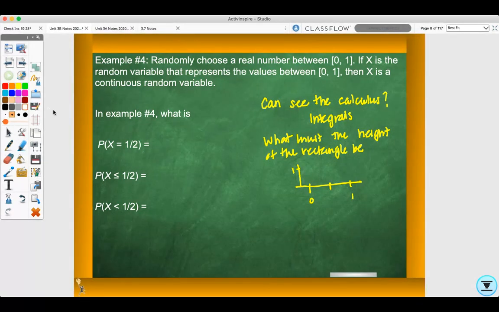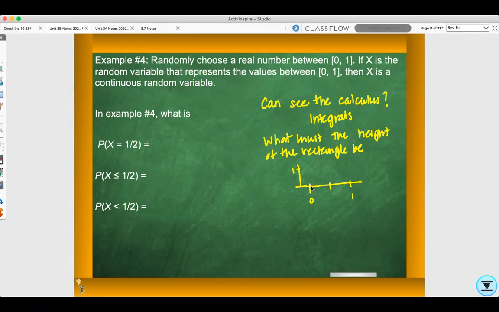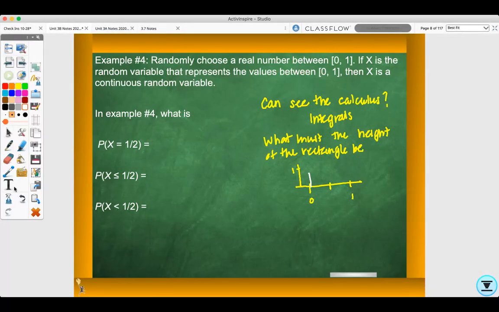So the rectangle that you're thinking about with your integrals would be this rectangle here. And the rectangle will be the legitimate probability assignment because its area is 1, because it's 1 by 1. Okay, so its entire area is 1, so its entire probability will add up to 1.